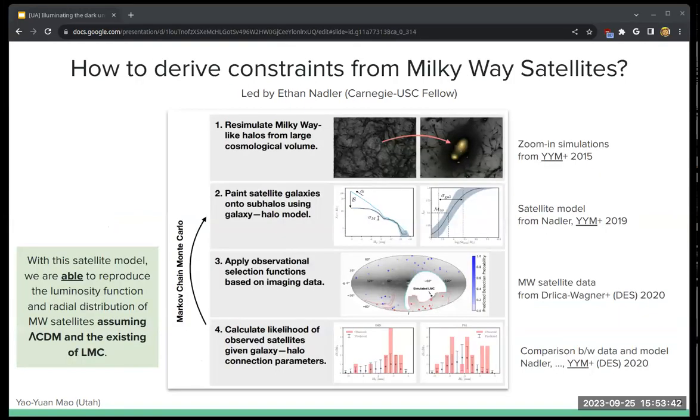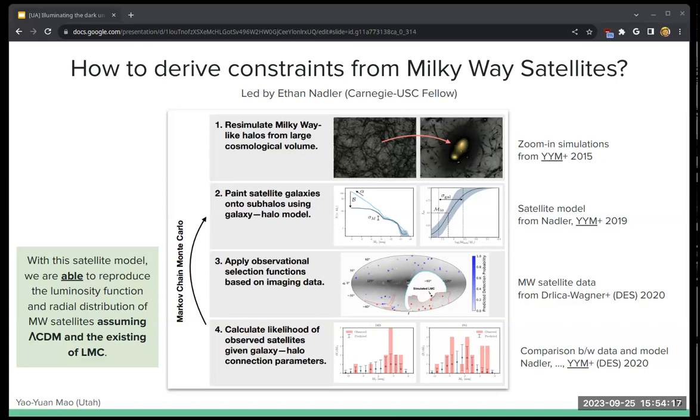Okay, so how does this model really work? We basically start with a zoom-in simulation, right? We simulate these Milky Way systems, and then we apply a galaxy-halo connection model, which connects dark matter halos with galaxies. The simulation has only dark matter halos, and then we put galaxies in through a galaxy-halo connection model. Then we do forward modeling: how would I observe those things? You observe using your observational selection function, then calculate the likelihood and iterate through a Monte Carlo process.